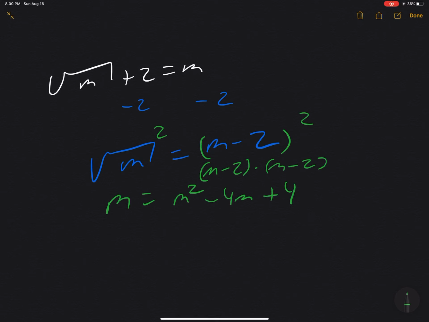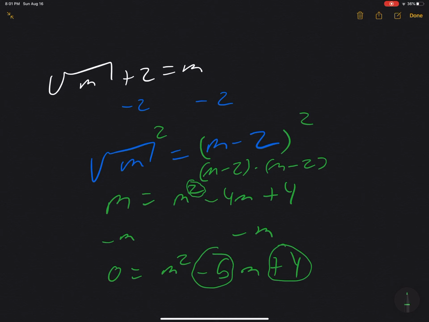Now I have a square here, so I know I'm going to need to factor this trinomial. I'll subtract m from both sides and get 0 equals m squared minus 5m plus 4. Factoring, I need two things that multiply together to equal 4, but add together to equal negative 5.